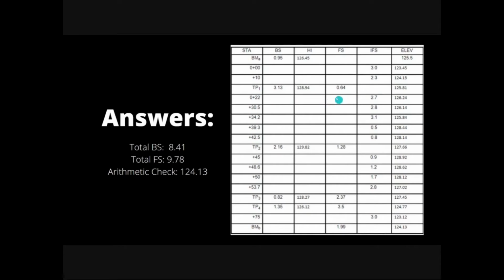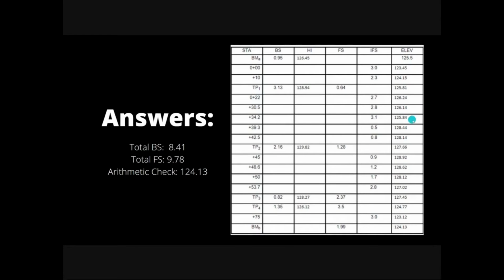So since we have a new bauxite reading, we have to use this, not this. So 128.94 minus 2.7, we will get the elevation value of station 0.22, which is 1. The value would be 126.24.